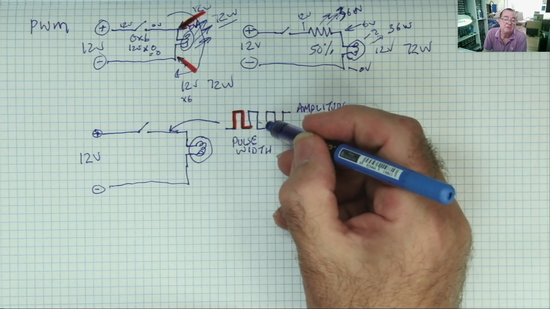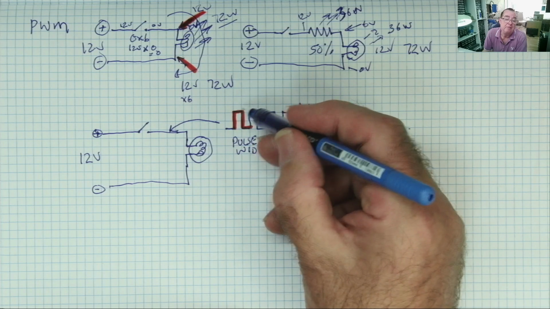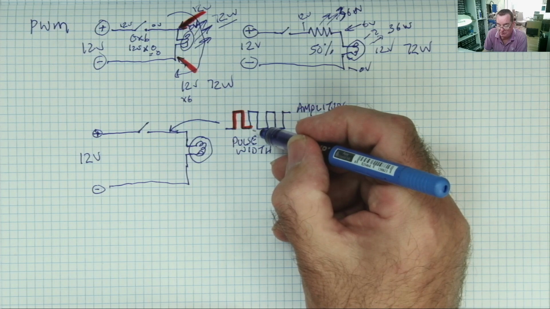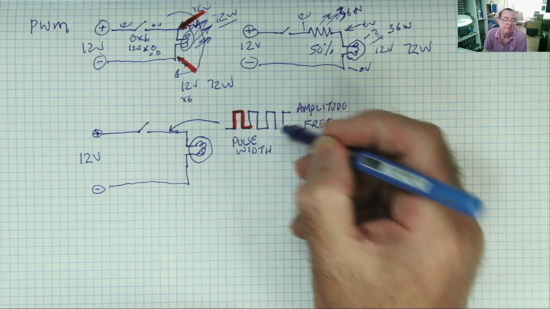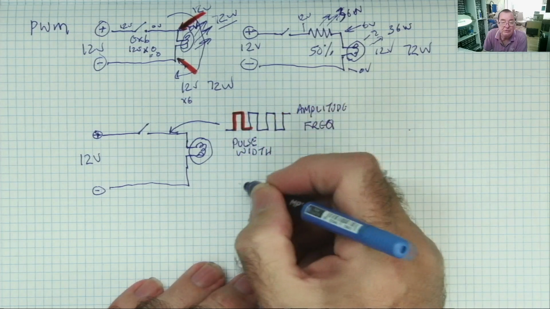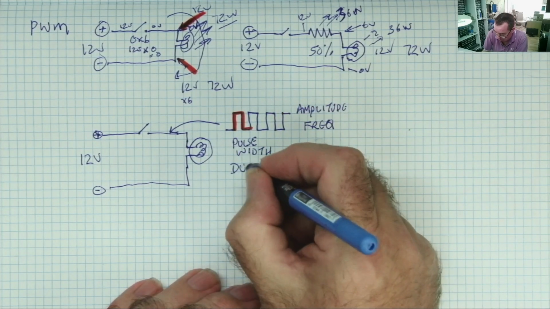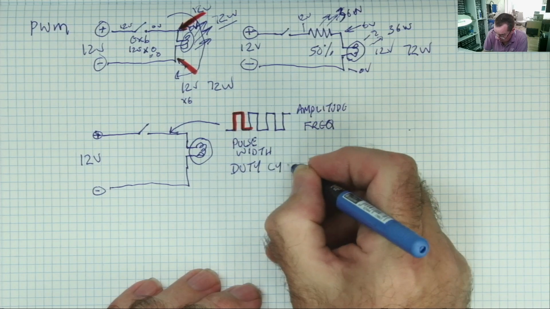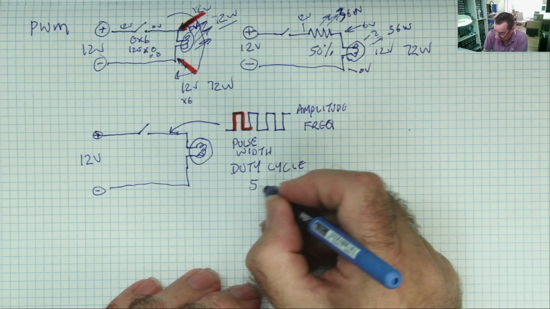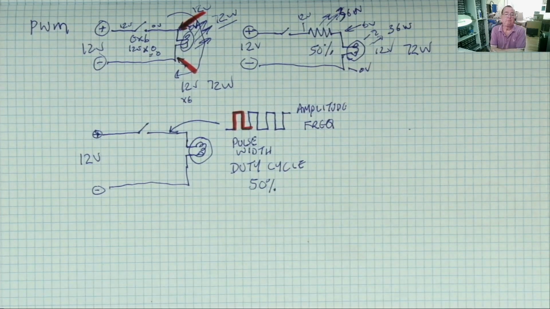This one we can see is on for 50% of the time and off for 50% of the time, and then we get the next wave on for 50%, off for 50%. And that ratio is actually called the duty cycle. In the case of our switch, it's 50%.